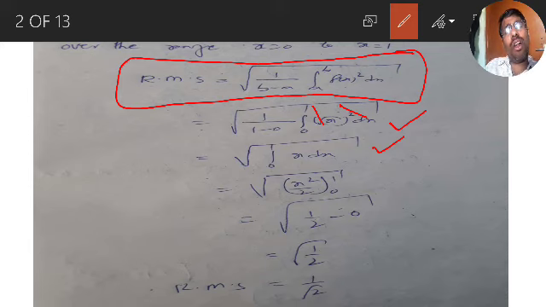Now integration of x to the power of n is x to the power of n plus 1 by n plus 1. Now integration of x to the power of 1 is x to the power of 1 plus 1 by 1 plus 1, that is x to the power of 2 by 2. So integration of x is x square by 2. That's it.